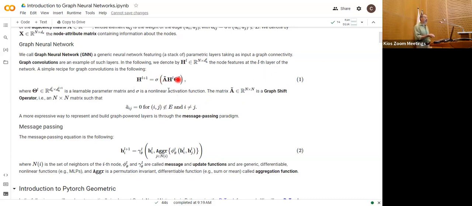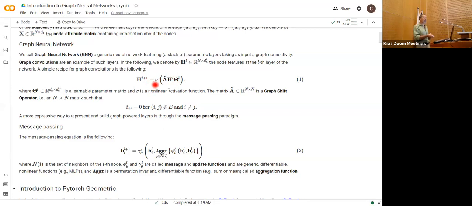this equation number 1, if you remember, we have the graph shift operator, this A tilde, which is function of the topology matrix, which if you take the power of that, you will consider different levels, hops within your graph. You have the previous state, which is this capital H, which at the beginning will be X, the features of the input graph, and then you have the parameters of the convolution here, the 3 parameters.